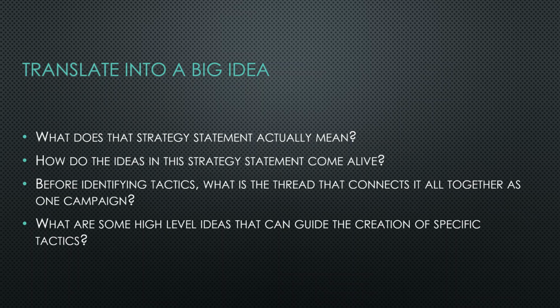A good strategy statement should make it fairly clear, or at least give you a really good springboard so you can do your elevator pitch and explain, hey, here's why this works. Here's how Patty's Pizza is going to be consistent, whether I'm doing advertising or event marketing or content marketing. Here's the unique idea that's going to hold it all together. Maybe I'm going to emphasize Patty's Pizza can be inexpensive, but still really high quality.